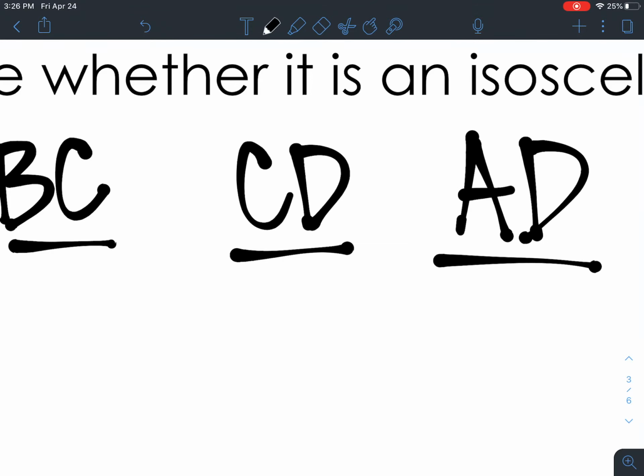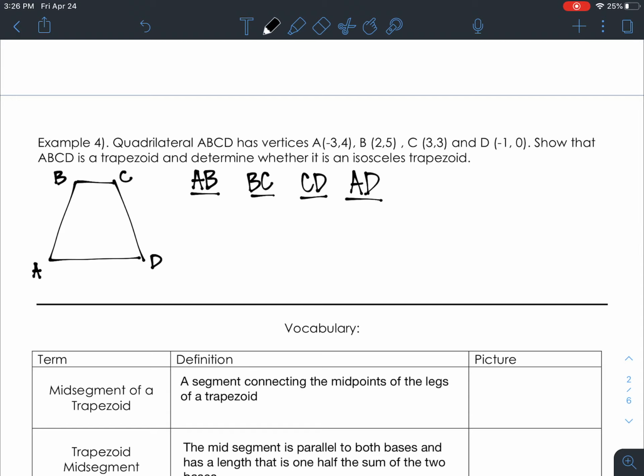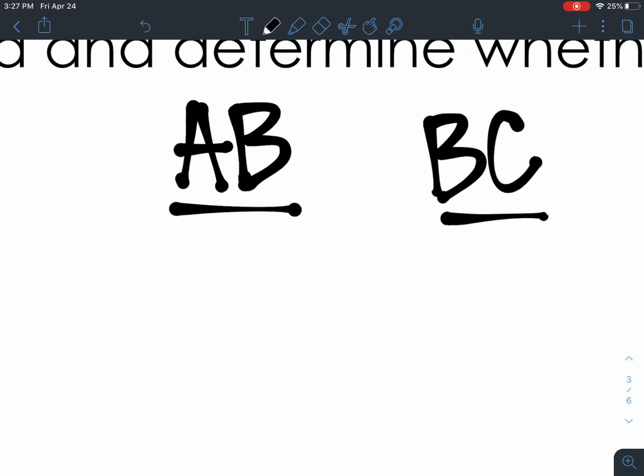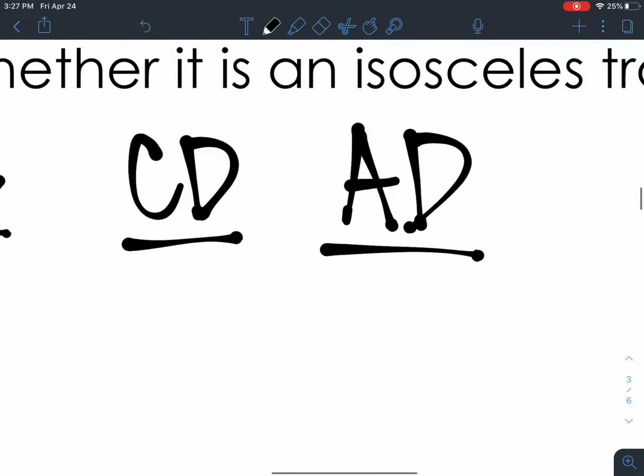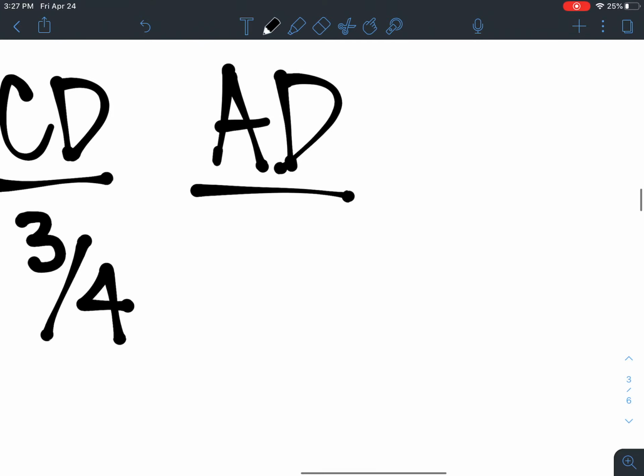We're looking for exactly one pair that has the same slope. So if you found the slope of AB is 1/5, the slope of BC is -2, the slope of CD is 3/4, and the slope of AD is -2.